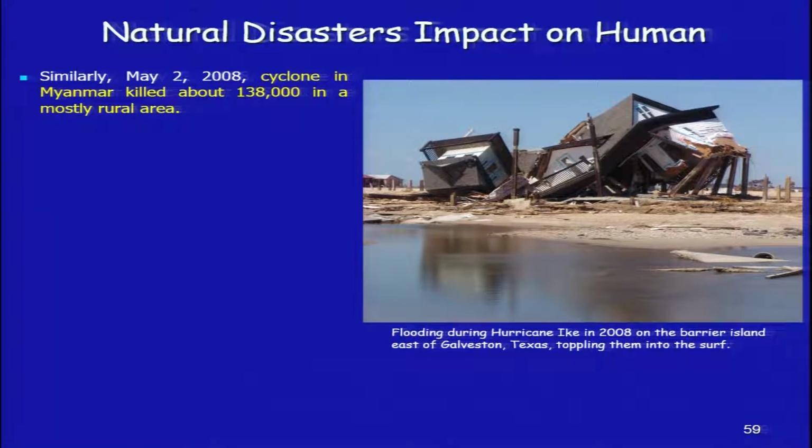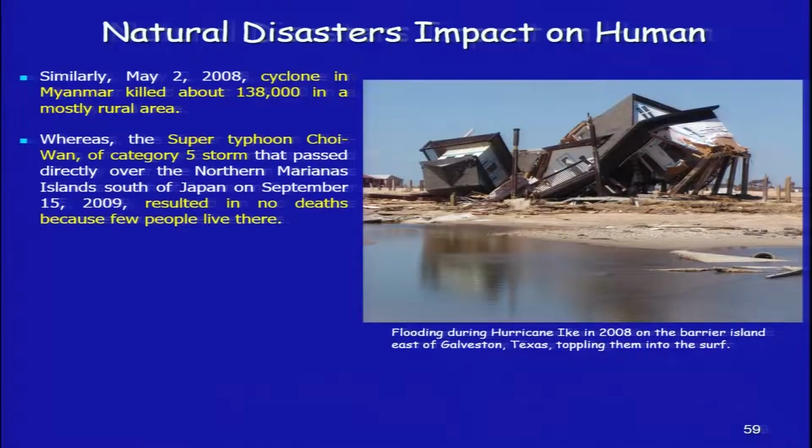So, similar to what we were talking about with earthquakes, if you look at an example of a cyclone or hurricane, on May 2nd, 2008, the cyclone in Myanmar killed almost 1,38,000 people, mostly in rural areas.